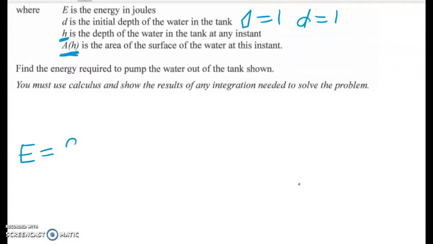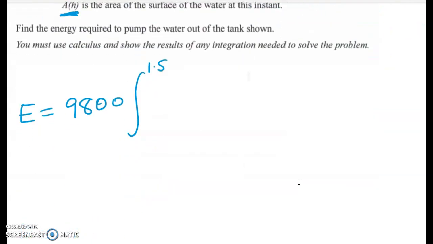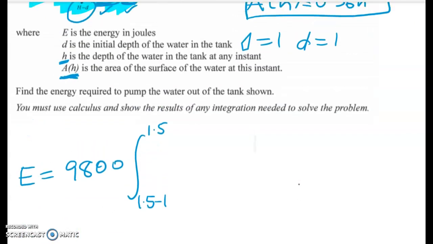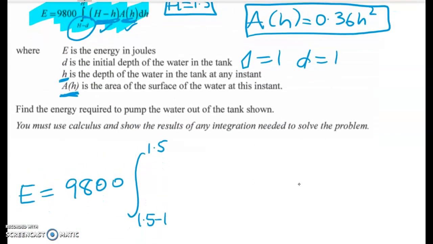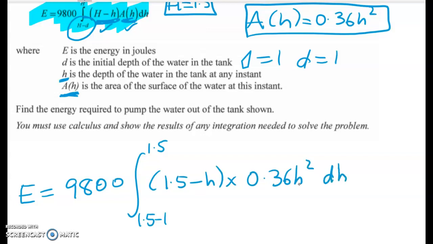So we can start substituting in. We've got E is equal to 9,800. The top limit is 1.5, and the bottom limit is H minus d, which is 1.5 minus 1. And now we've got 1.5 minus h, times 0.36 h squared dh.